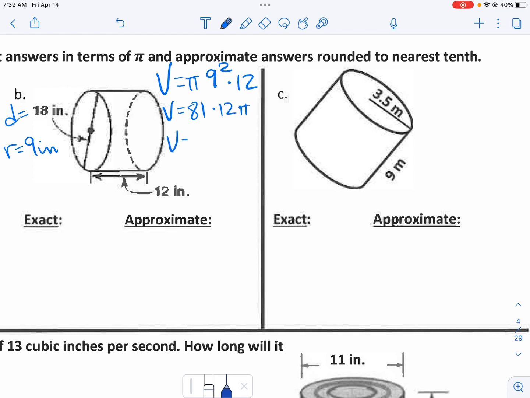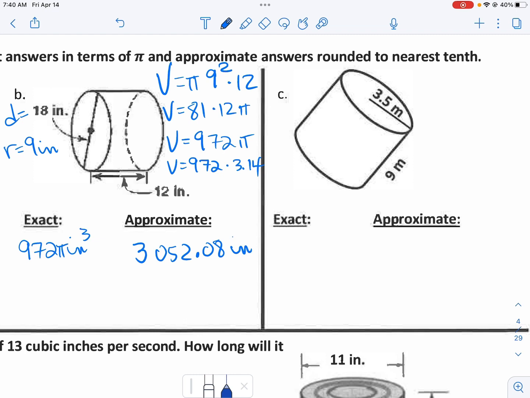That's going to be 972 pi. So 972 pi inches cubed is going to be our exact answer. And taking 972 and multiplying it by 3.14 is going to get us 3,052.08 inches cubed.